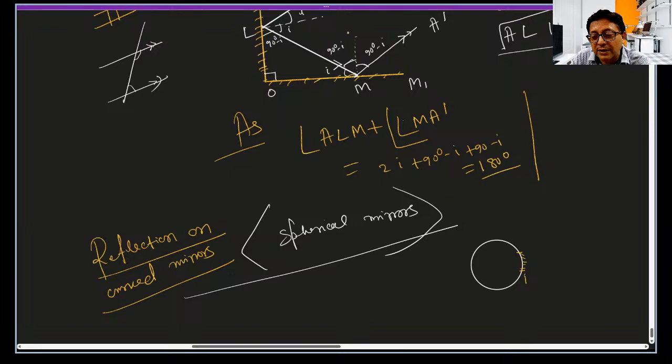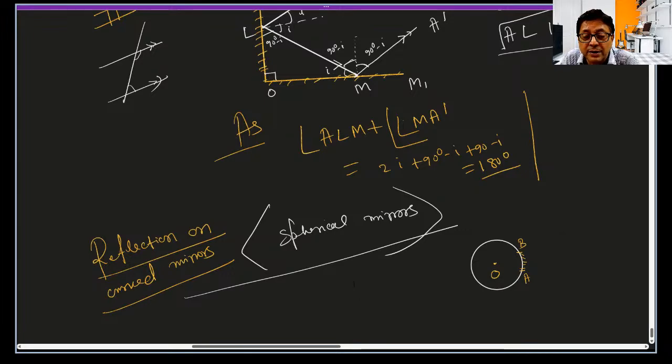Then I got a mirror. The aperture of the mirror is going to be AB. This mirror will behave like a concave mirror. This portion AB will behave like a concave mirror. It has a center of curvature, which is nothing but the center of the sphere of which it forms a part. This is a spherical mirror. Alright.